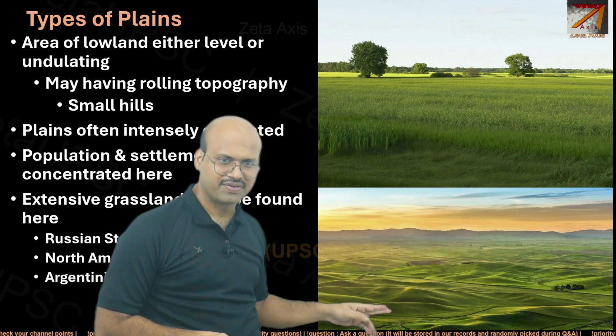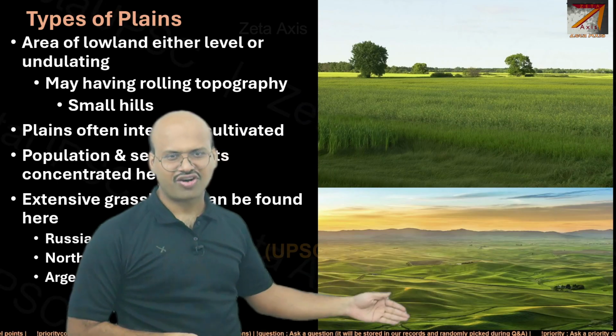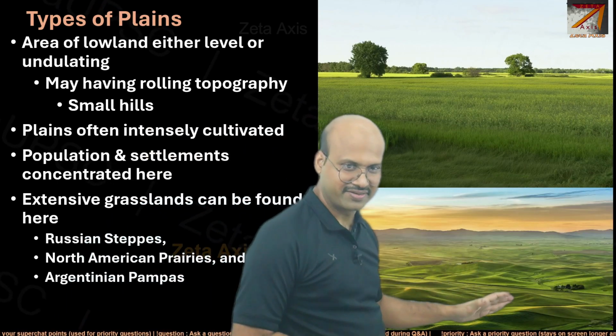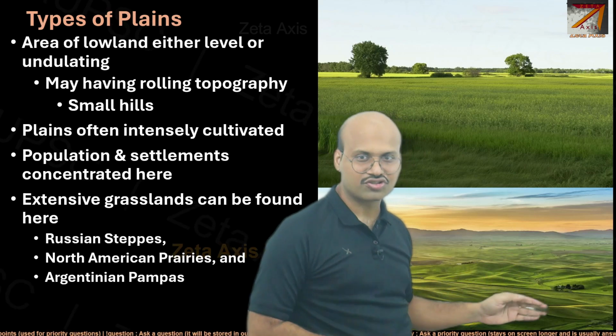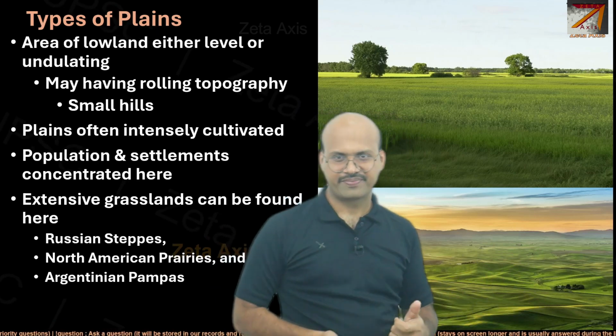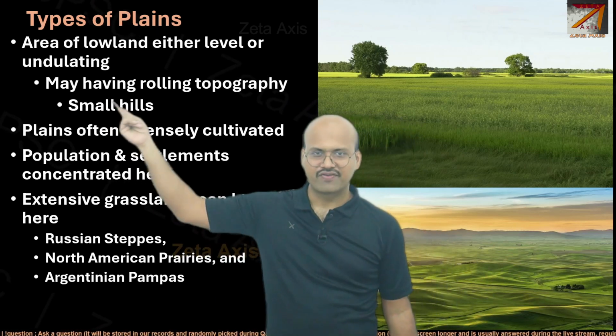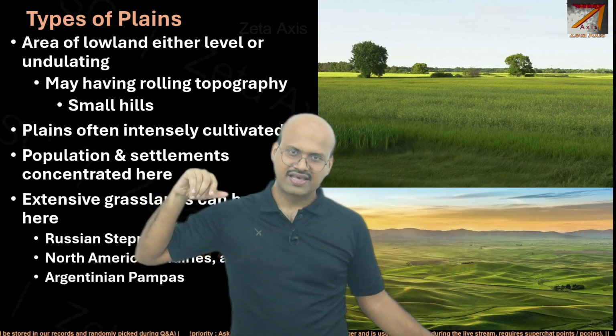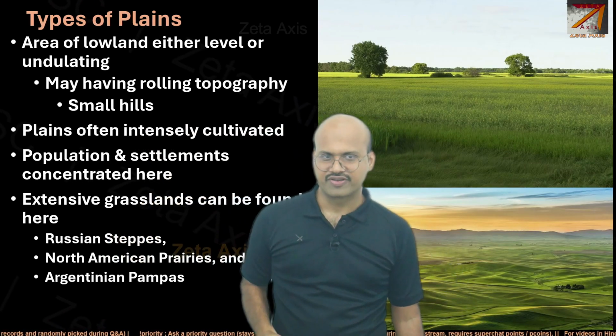It is slightly up and then again down, so we cannot call them hills. These are plains, but this kind of topography is called rolling topography. Even though they are not actually called hills, they are called just rolling topography or rolling plain.